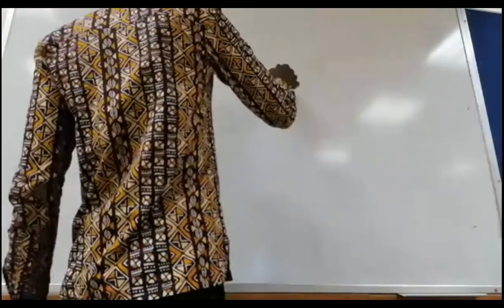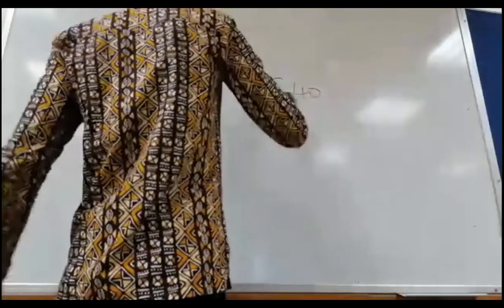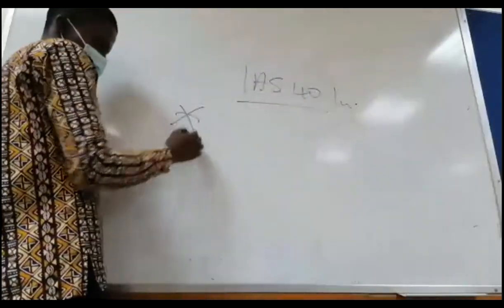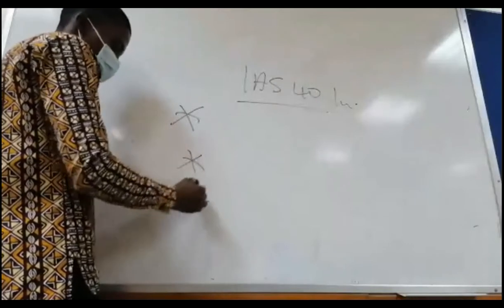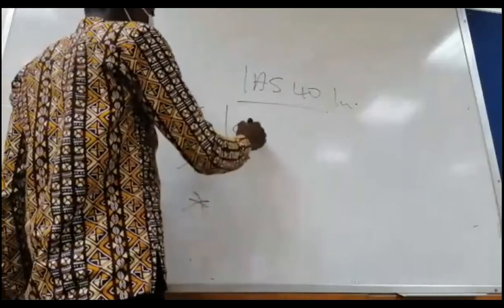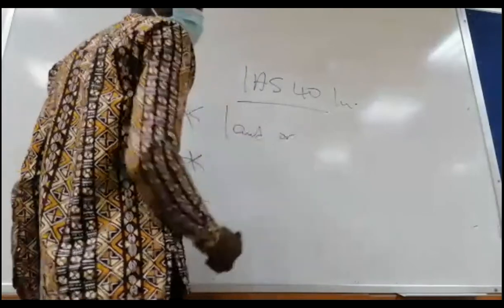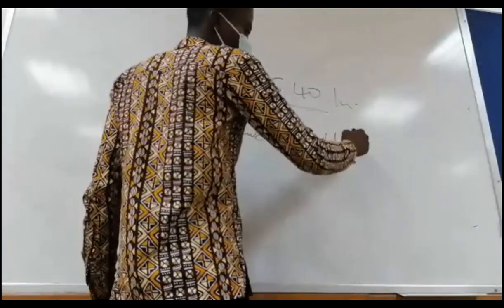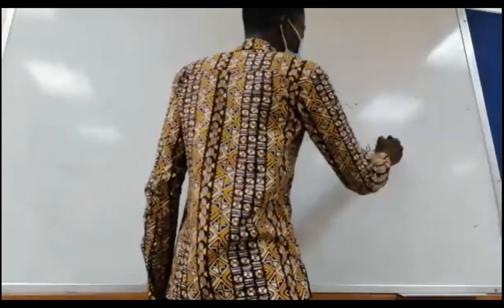IAS 40. Investment property, 3 features. Number 1, it must be land or building or parts or both.